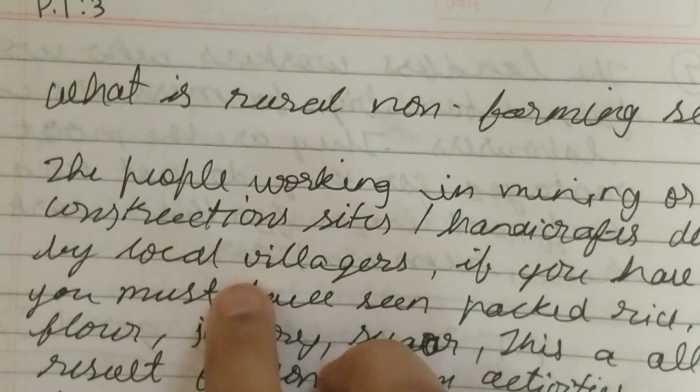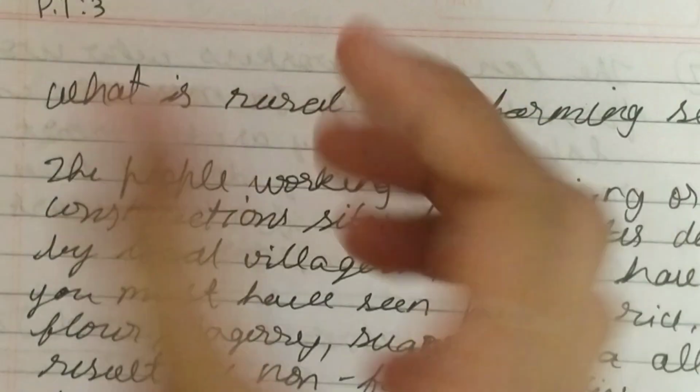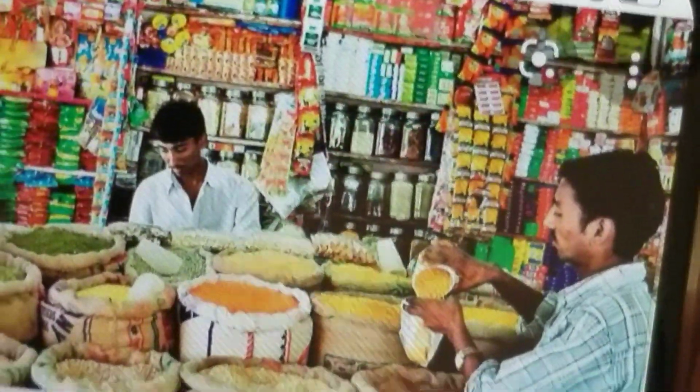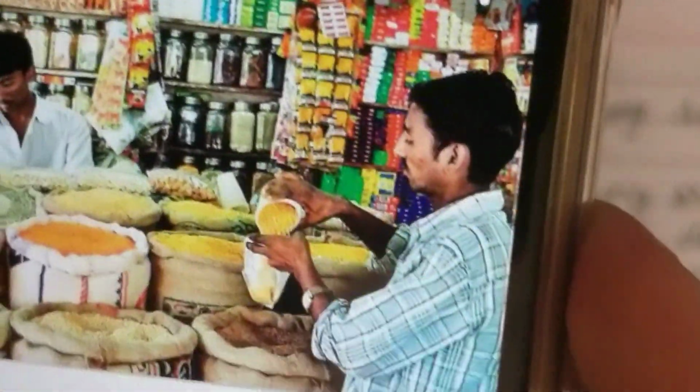So the local villagers, if you have seen packed rice or packed flour or jaggery or sugar in the retail markets. Retail markets are small places where you get everything at a wholesale price, directly from the person who is making it. So these are retail shops, the place where we can buy literally everything, and it's done by small-scale marketing.